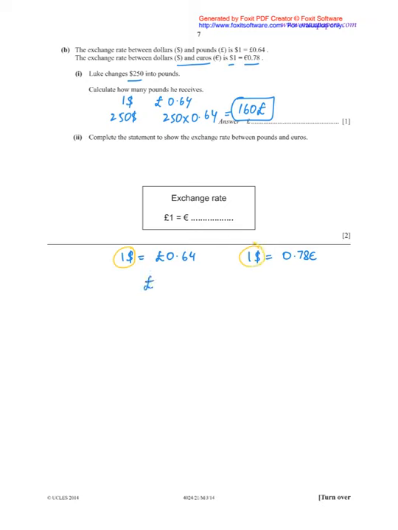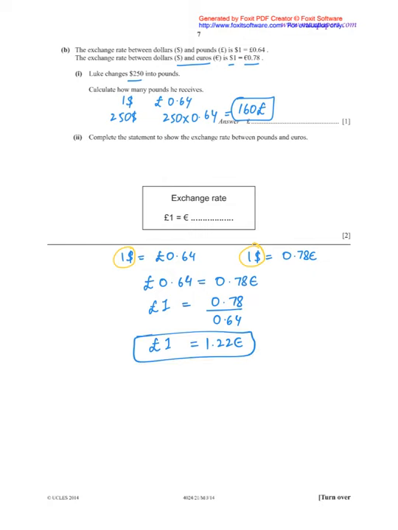So the equation will be 0.64 pounds equal to 0.78 euros, right? We need to find the conversion of 1 pound, so that will be 0.78 divided by 0.64. When you divide it, you get 1.22 euros. So that is your conversion: 1 pound equals 1.22 euros.